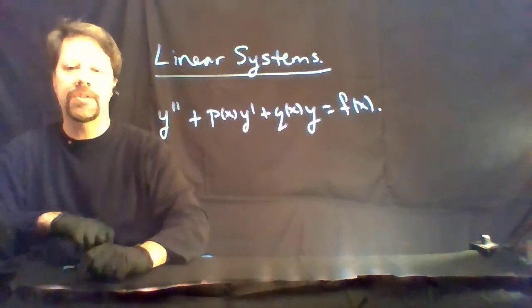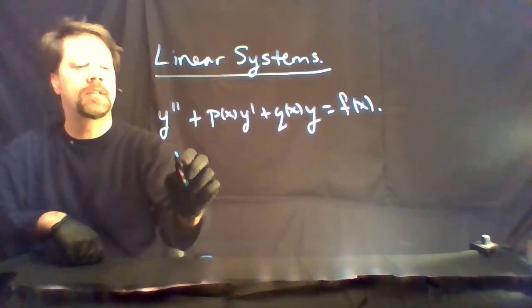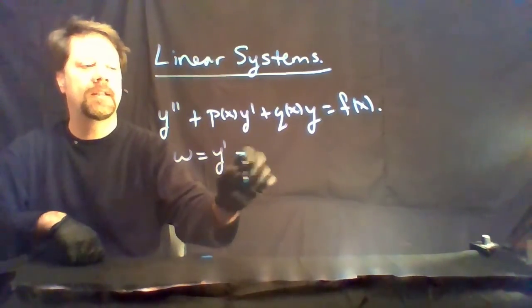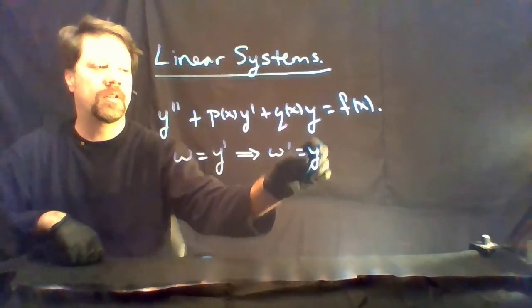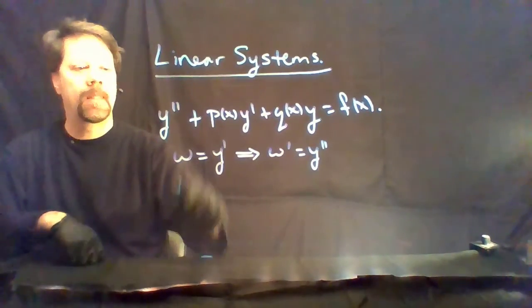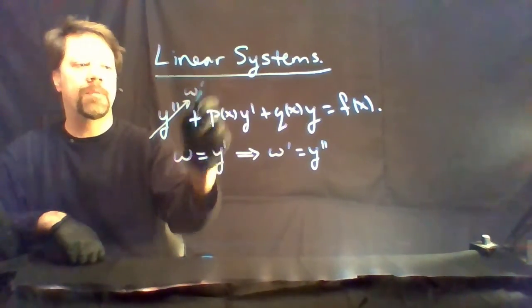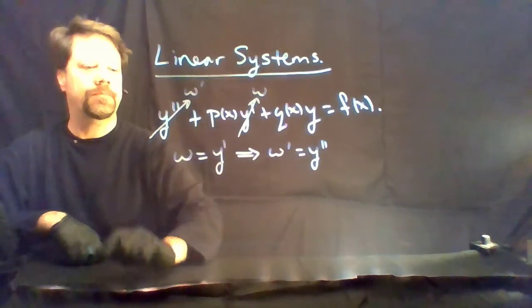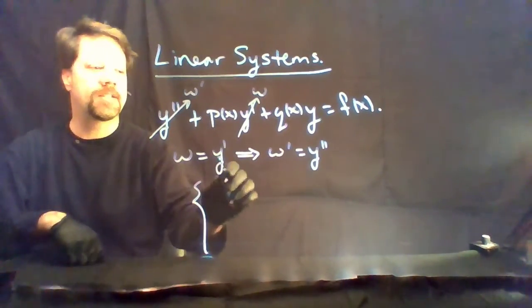We can always turn second order equations into a first order system by making the substitution w equals y prime, which implies that w prime is y double prime. This will become w prime, and this will become w. The linear system that results looks like this.